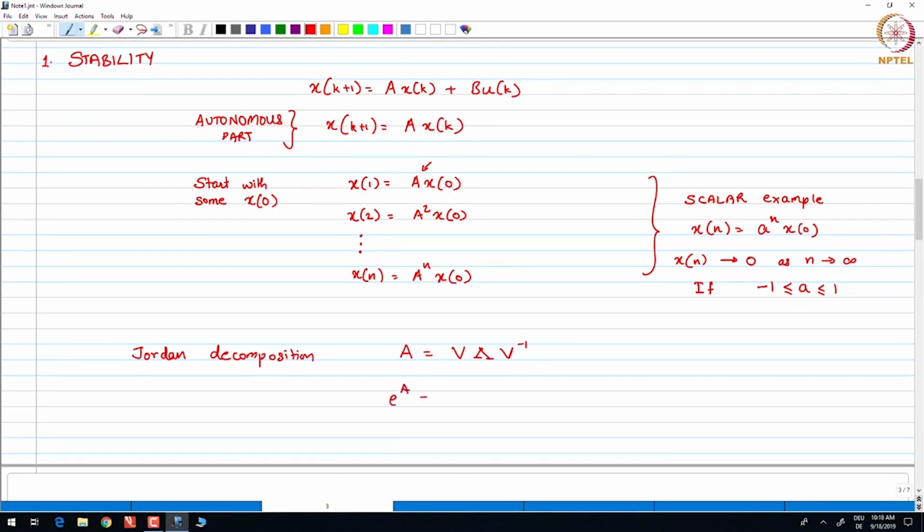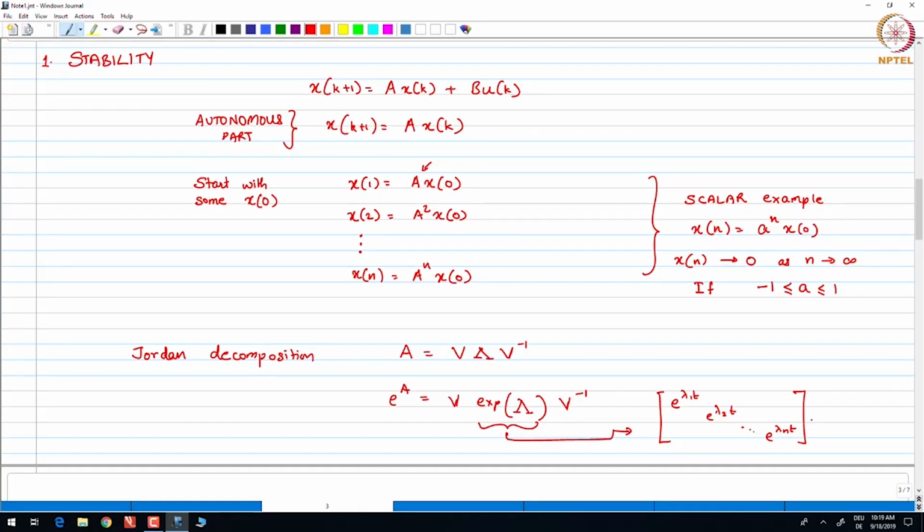So, e to the power A is going to be V times this, and if this is a diagonal form, it is nothing but e to the power lambda 1 t, e to the power lambda 2 t, and so on up to e to the power lambda n t. This is going to be stable only if lambda 1 is between -1 and +1, and lambda 2 is between -1 and +1, and so on up to lambda n.